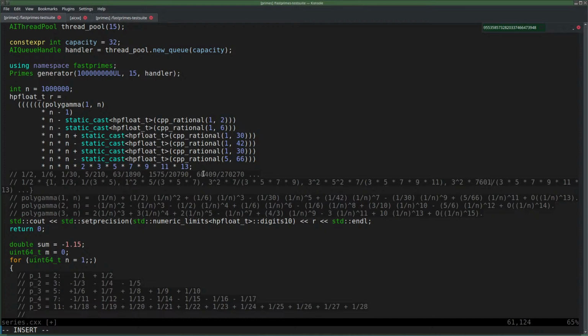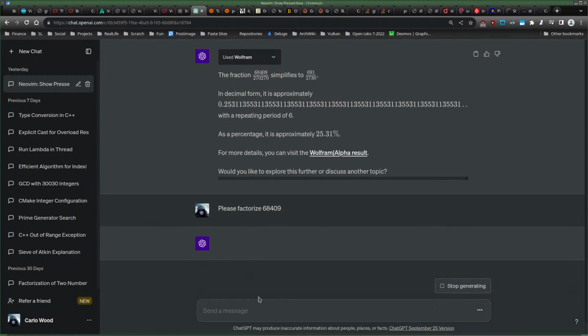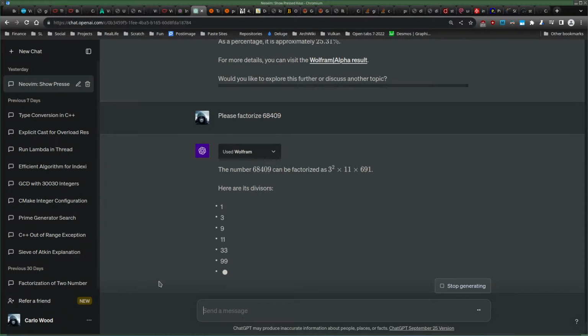I'm just going to ask for the factorization of that. There, what a shitty number. 691.